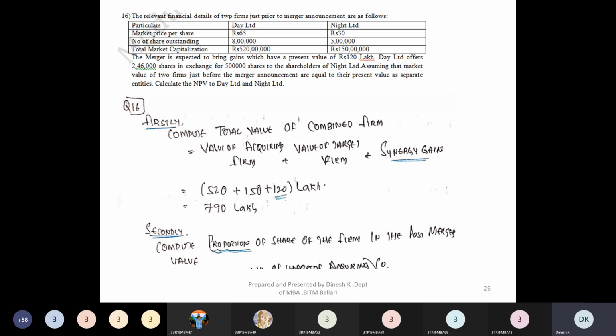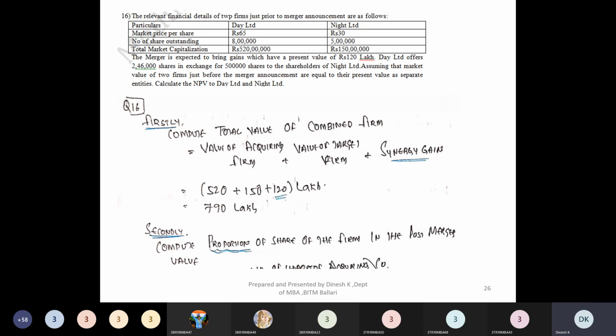The market value of the firm has been given: 520 lakhs for the acquiring company and 150 lakhs for the target company. That is 520 plus 150, plus the synergy gain of 120. Total market value with synergy comes out to be 790 lakhs, right?